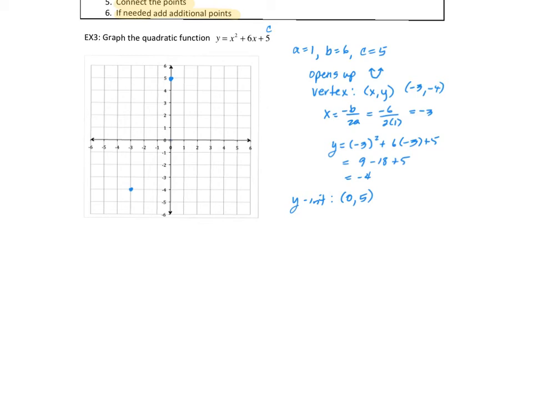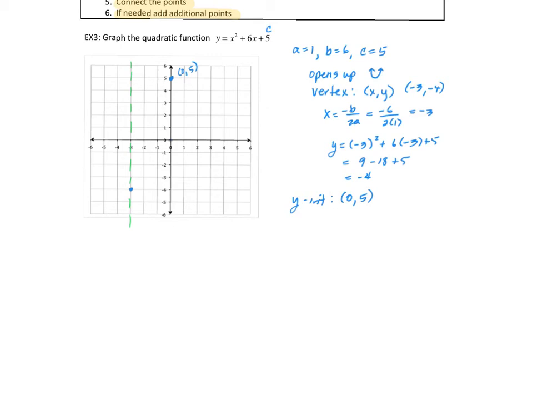Remember, my vertex has this imaginary axis of symmetry, this vertical line that passes through the vertex. And the property is that if you have one point to the right, notice that we have this point 0, 5. If you have one point to the right of the axis of symmetry, you're going to have another point to the left the same distance away.